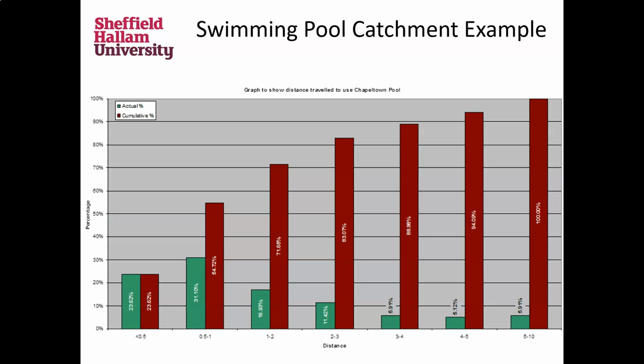If we look at Chapeltown, 70 to 80% of users come from within 2 to 3 miles. But also there's a significant proportion of people in Sheffield, just over half of users, actually coming from within 1 mile.